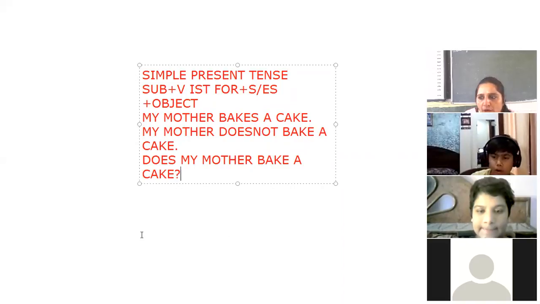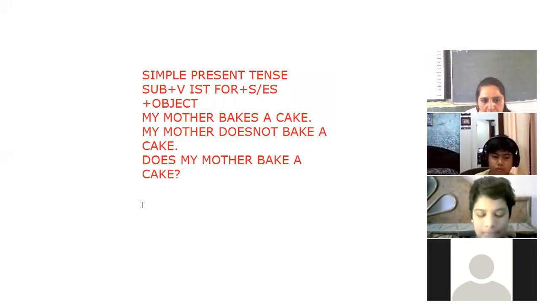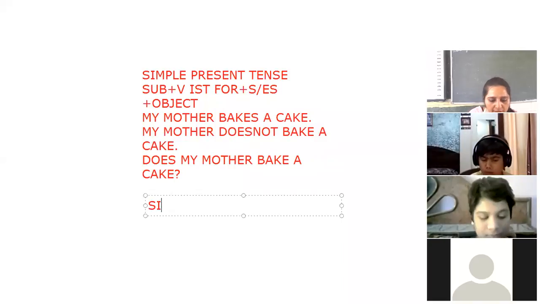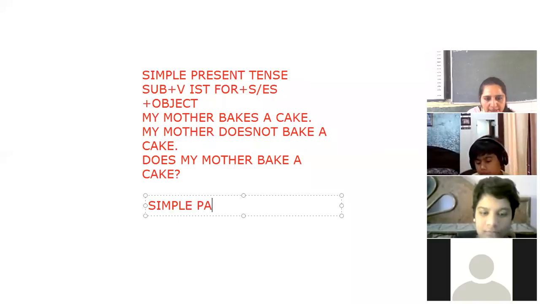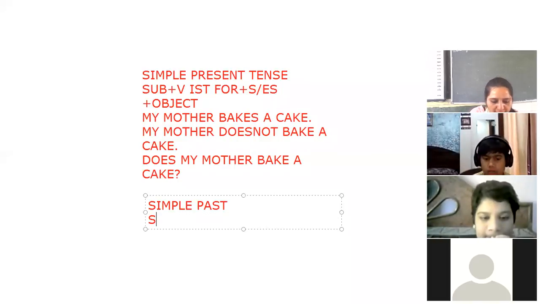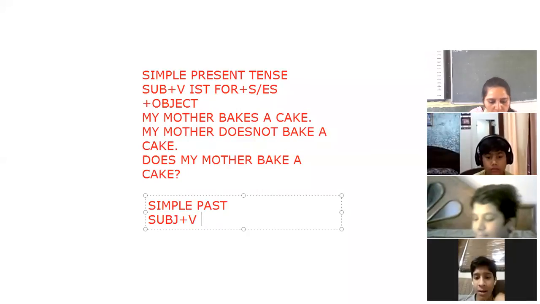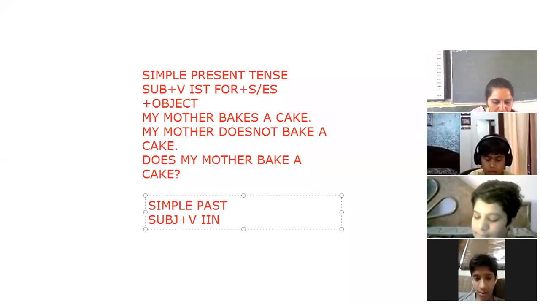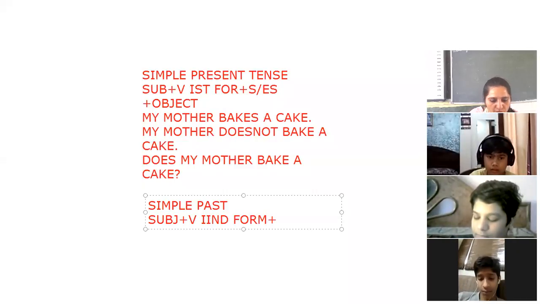Now we will come to know about simple past tense. In simple past tense, we are using verb second form. Subject plus verb second form plus object.